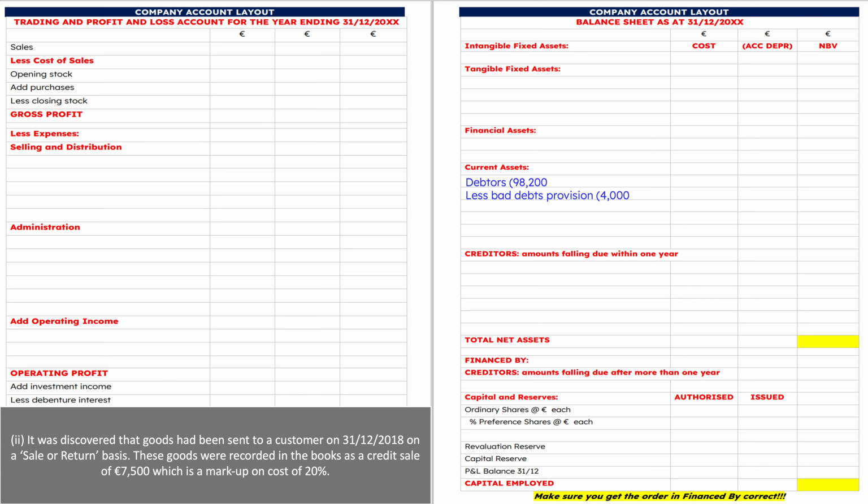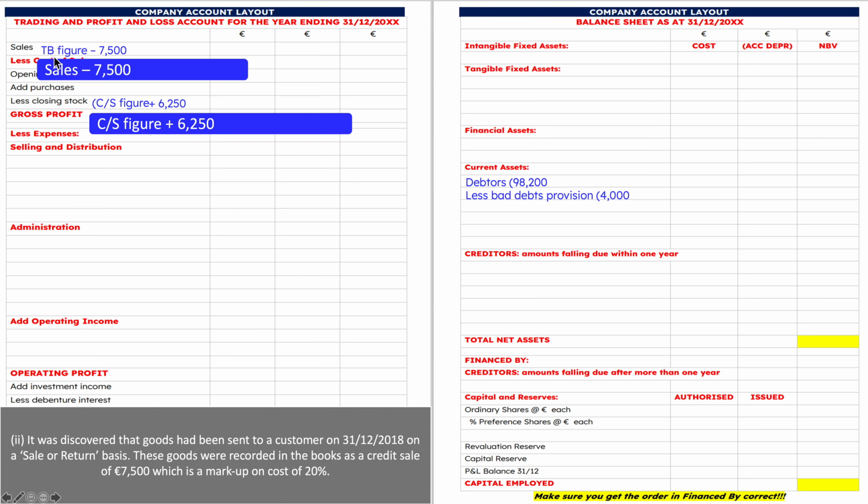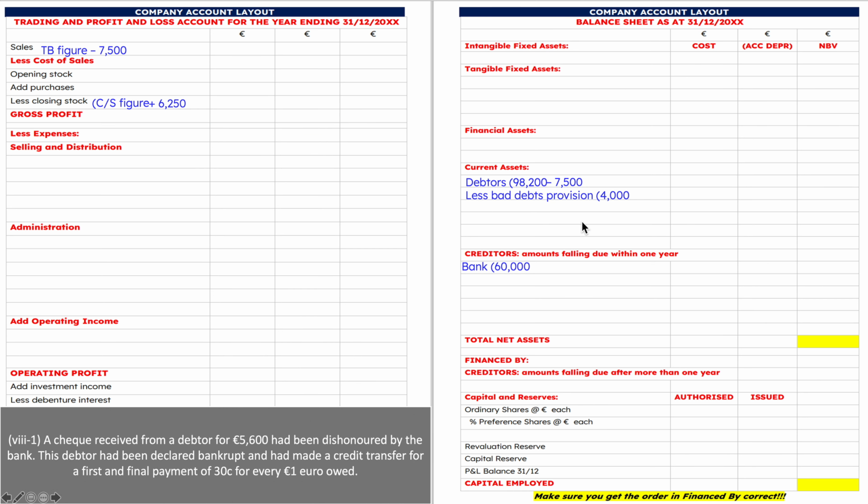The 7,500 was the selling price. We need to add the cost price back to the closing stock figure, which will also go in here. So 6,250 is added in there. From our sales, we take 7,500 away from the trial balance figure, and we take 7,500 away from the debtors figure. So that adjustment is done, and you'll also have your closing stock when you have it finished.